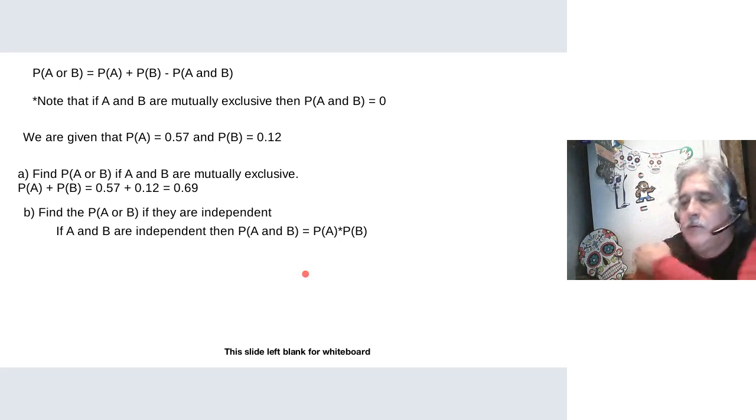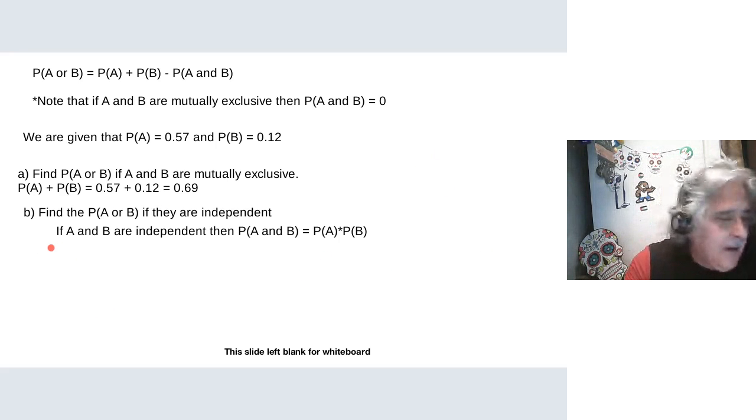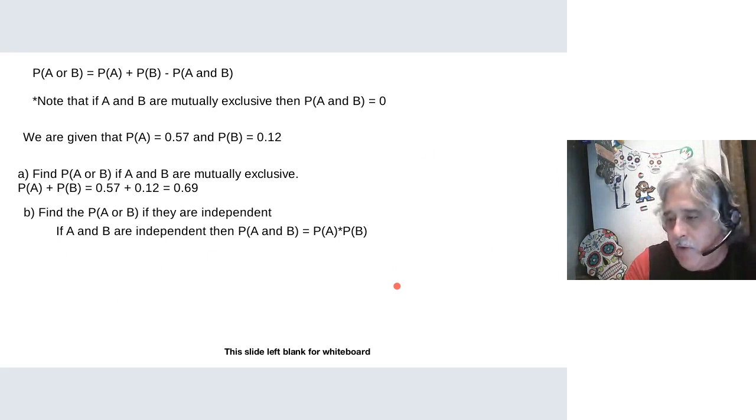All right. So that's the AND rule, essentially. If they're independent, then it's real nice and easy. You just multiply them. If they're dependent, that generally means that something's going to happen to the second one, and you can adjust it.